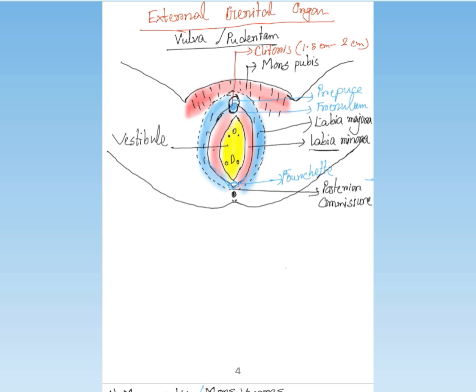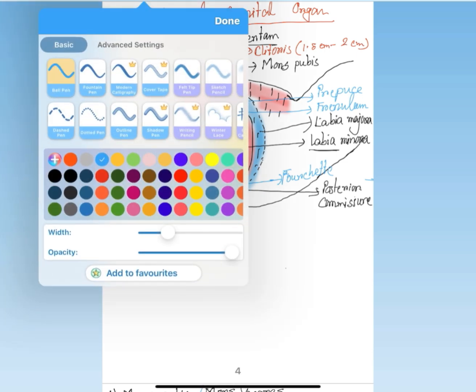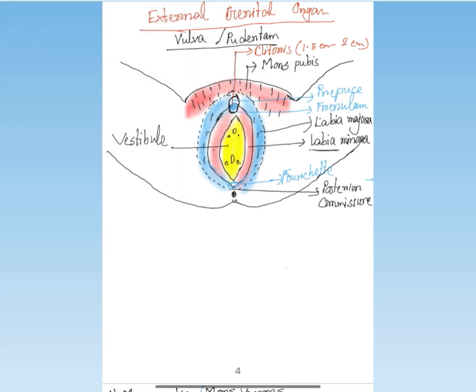So what all organs are present inside this vestibule? You can see small openings are present. A total of 6 openings are present in the vestibule. What are those? This is the vaginal opening, or introitus. Here is the urethral opening.